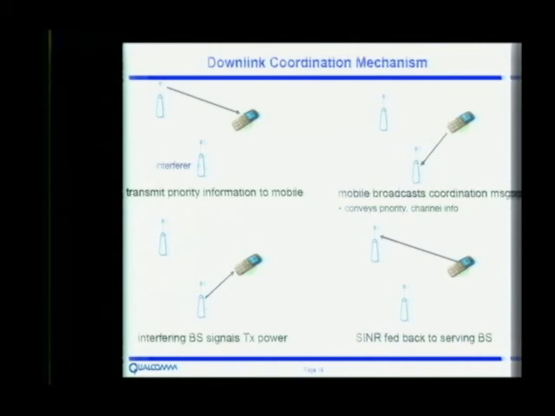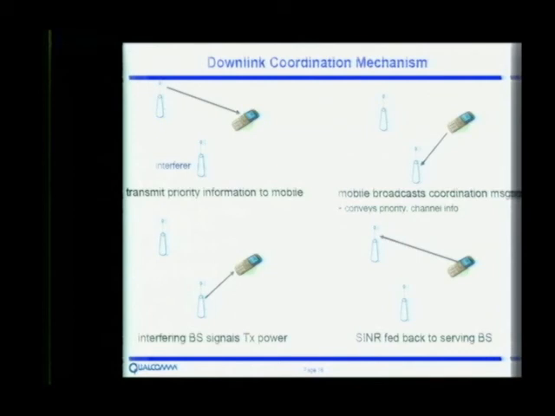Then what the mobile does is broadcast some coordination message to its interferers. Specifically in this setup, it will broadcast this message and it will be received by the interferer. There are 2 things which it tries to convey. One is its own priority and priority times rate that it will get if it got to go.